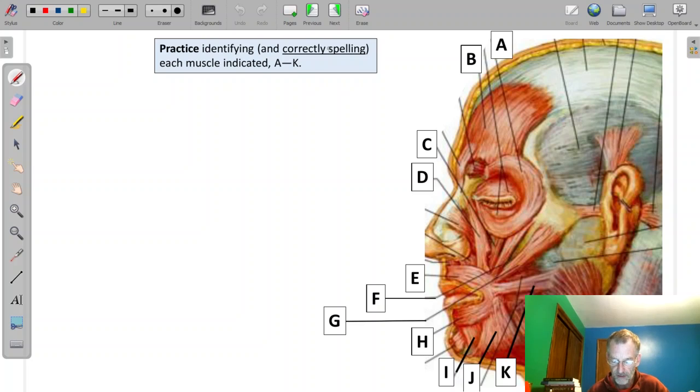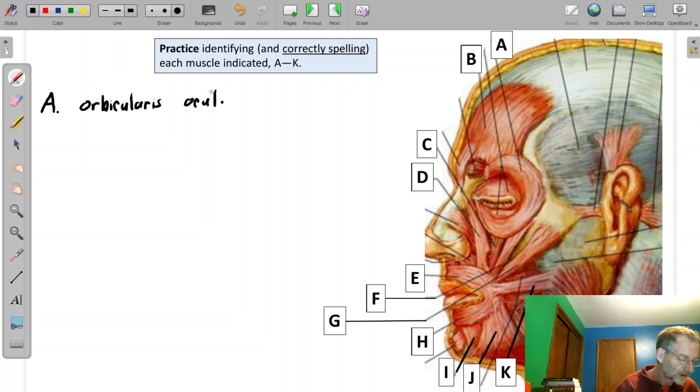So here's a lateral view, muscles of facial expression, and you need to identify A. So for example, so here is your practice. Writing it out. A. It's the Orbicularis oculi. So you can go through that and practice that way.